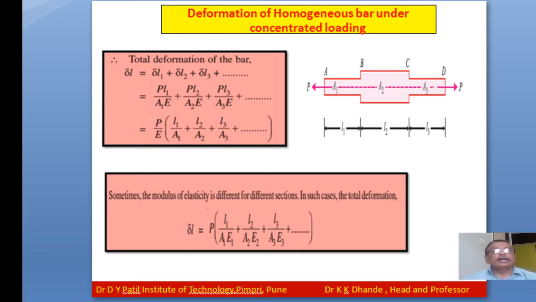Now rearrange that equation. P upon E we have taken common because P and E for the three sections remain the same. L1 upon A1 plus L2 upon A2 plus L3 upon A3 plus so on. If there are more sections, we can extend that equation along the same lines.